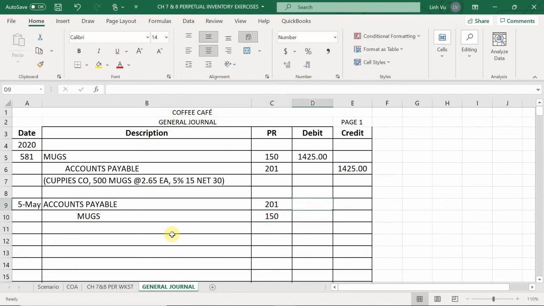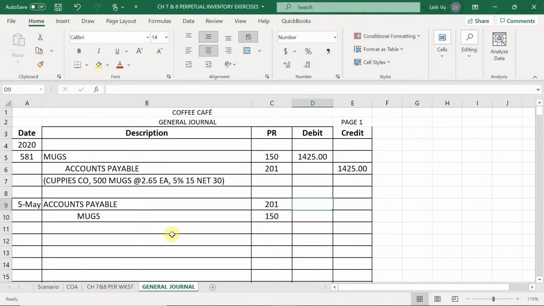Now, how much did each of my coffee mugs actually cost me? $2.85, no? That's including freight. What did we originally purchase them at? $2.65.